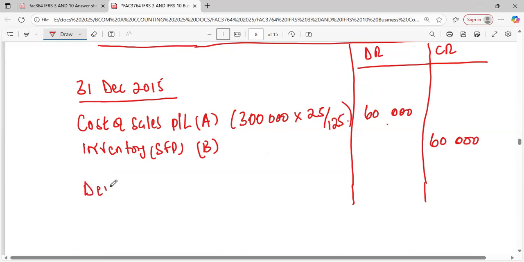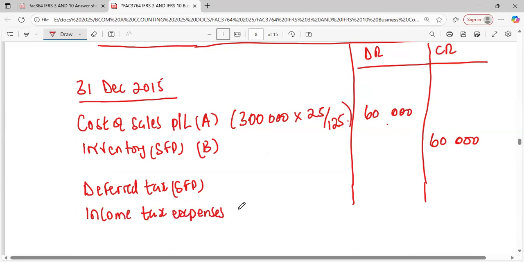So which means here we are going to have a deferred tax asset in the statement of financial position. Then we're also going to reduce our income tax expense in the profit and loss.